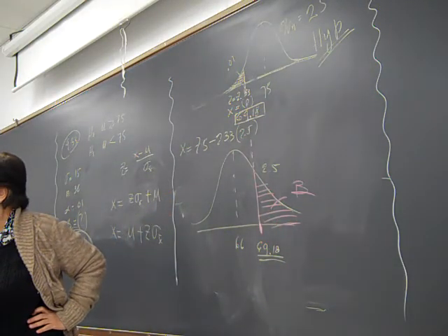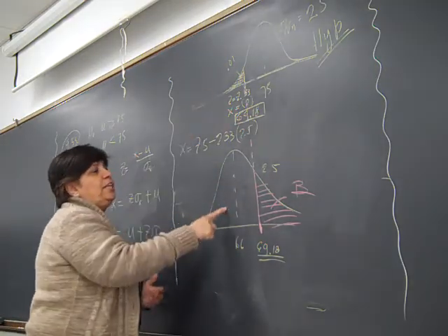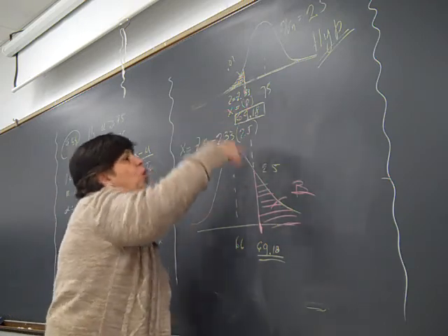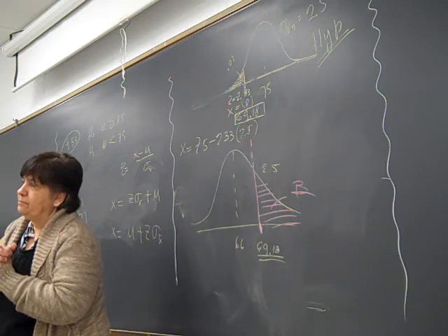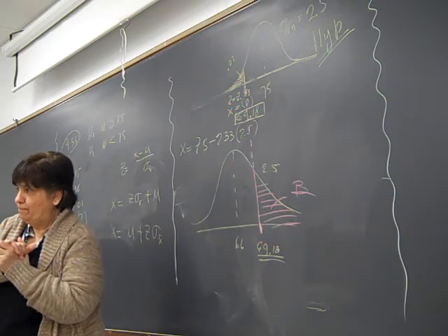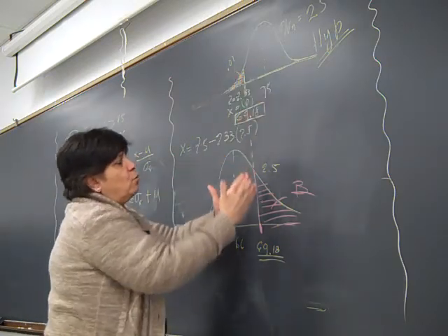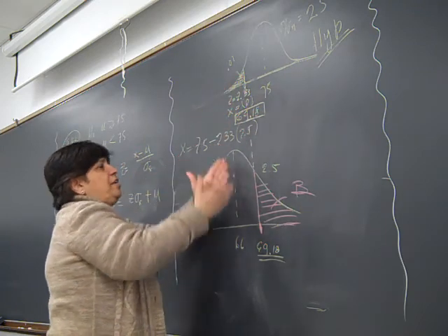And the other way to do it is by increasing the sample size. If you increase the sample size, this distribution would be taller and thinner such that my beta is low, is small. But that's how it works. If you increase alpha, of course you decrease beta. If you decrease alpha, you increase beta.